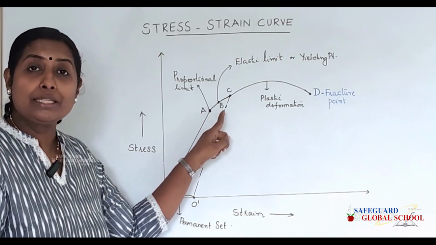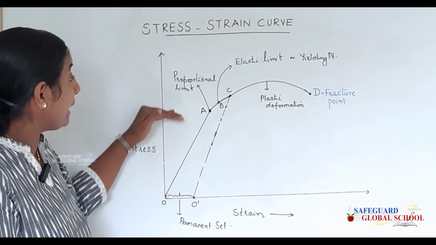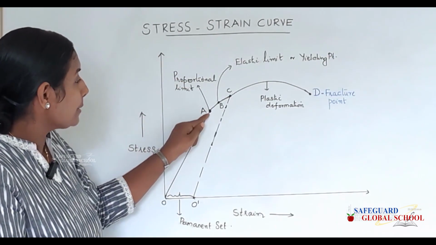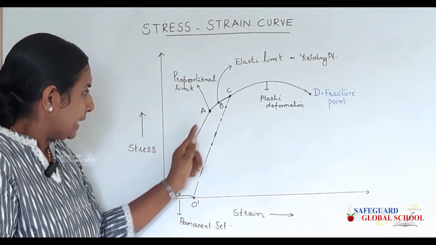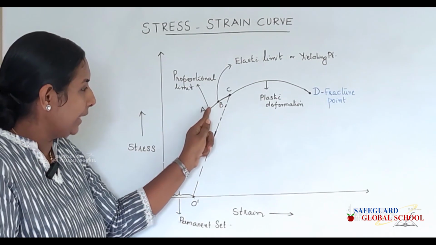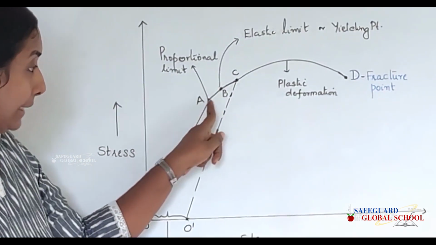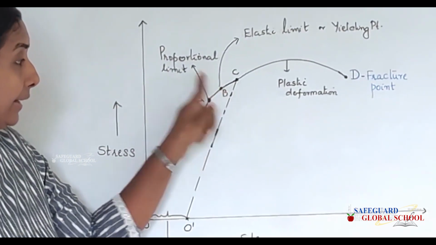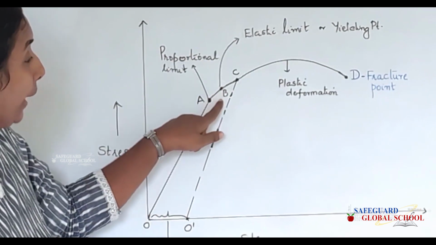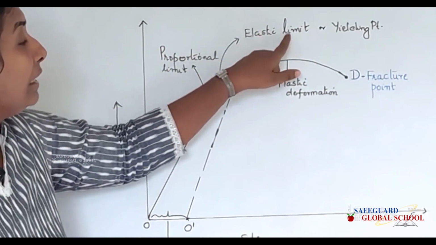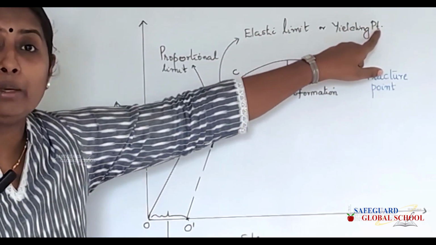After this point A, when we increase the stress, look, for a small increase in stress, the strain produced is more. It is not that much proportional. There is a slight bend in the curve. But this point B is called the elastic limit or yielding point.